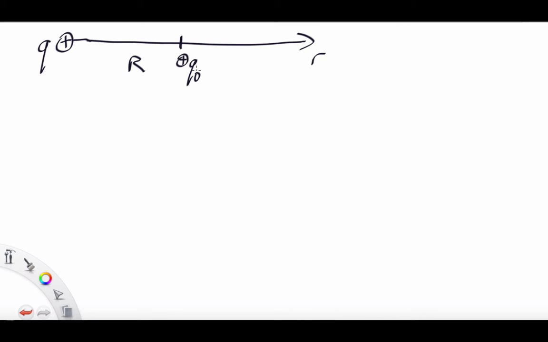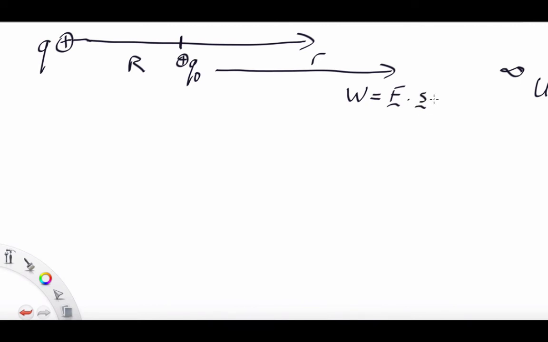To work out what that potential energy is, I need to know the work done to move that charge from capital R, where it is, out to infinity, because infinity is the place where the potential energy is 0.